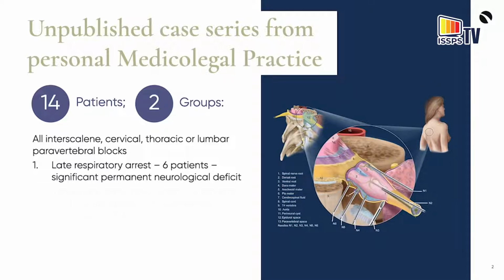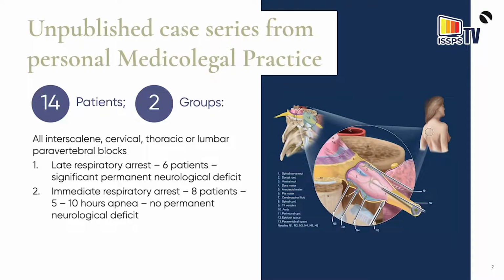Group 2 had 8 patients with immediate respiratory arrest. All 8 of these patients also required 5 to 10 hours of mechanical ventilation, but none of them had any neurological deficit, and all 8 made a complete recovery.